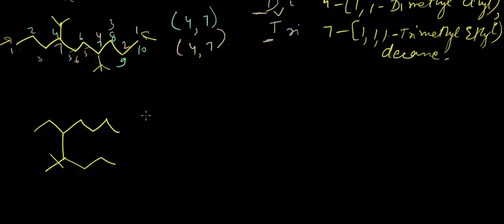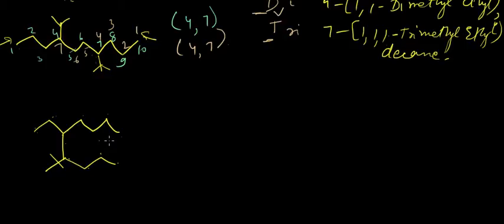What is the longest chain that you find in this carbon compound? 1, 2, 3, 4, 5, 6, 7, or anything else? I think that is the maximum chain you could find in this organic compound.